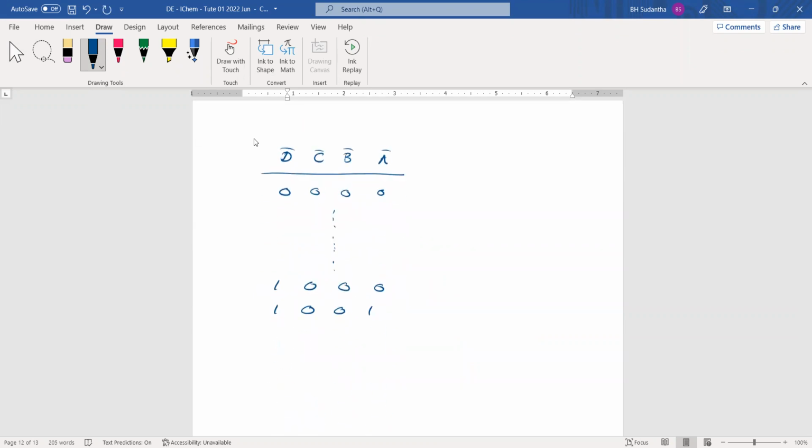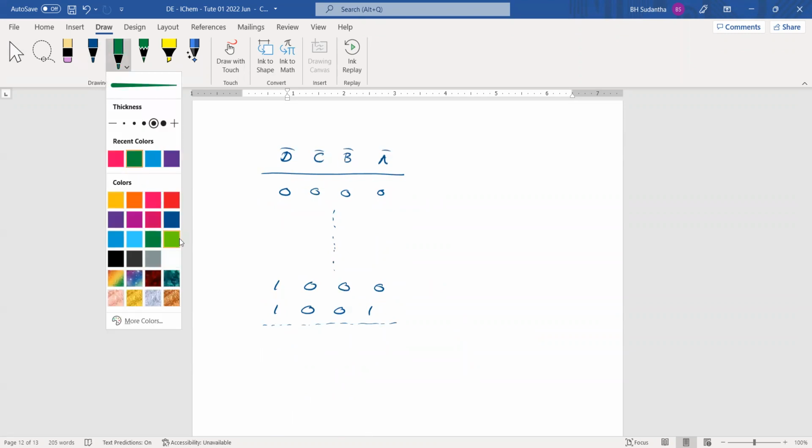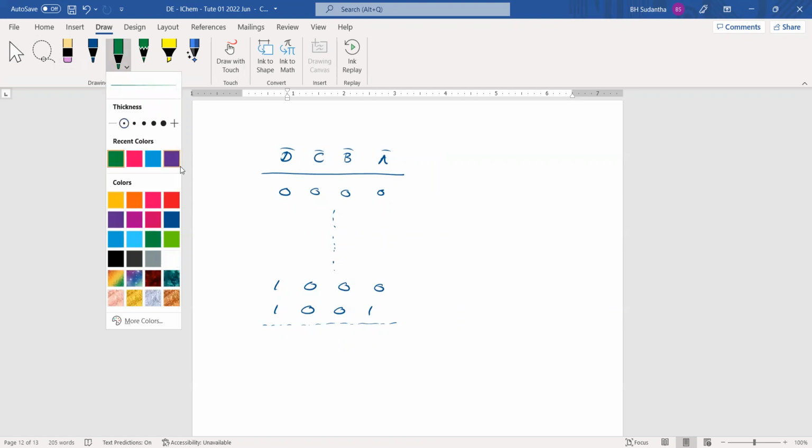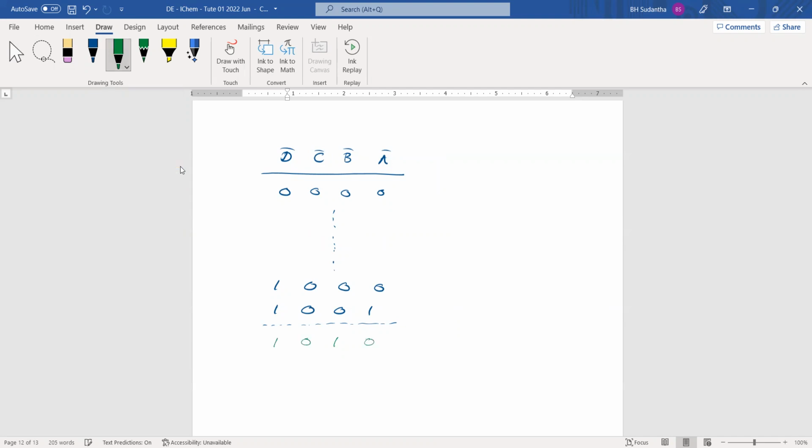Beyond 9, it has a separate set. It's 1, 0, 1, 0, that is 10.